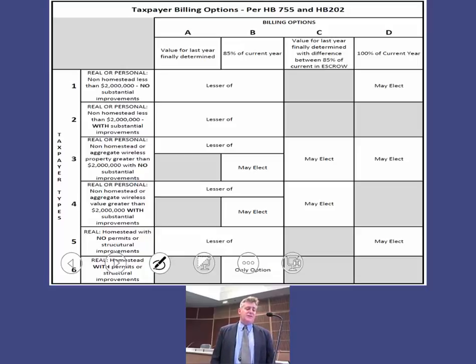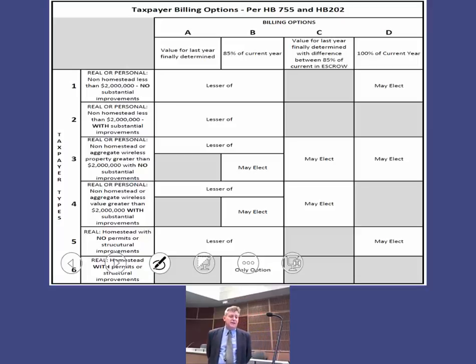But in 2014, it got a lot more complicated, with a lot more different options depending on the value of the property and whether or not the property is homesteaded, whether or not there's an improvement on the property.